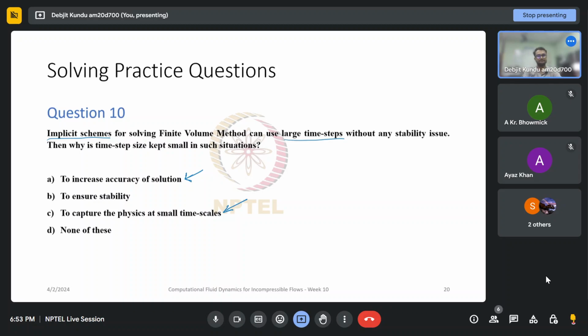Let's see. Is it option A, to increase the accuracy of the solution?